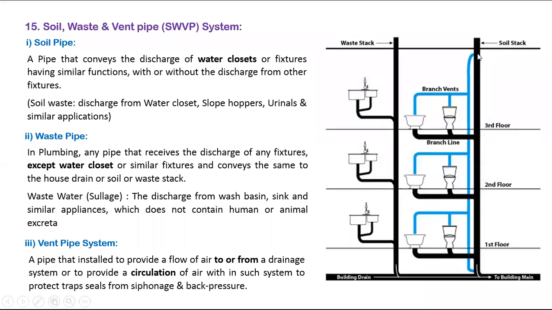Suppose we are throwing water from the top floor to the down floor, so automatically this water will go down. If you are covering this vent here, the water will get stuck while going down because of cyclonic action. If you don't stop the cyclonic action, that water will get stuck in the high rise.